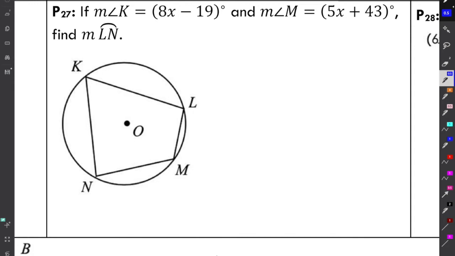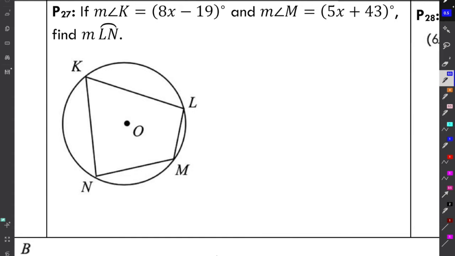Let's find that. So what we have to remember, we have this quadrilateral here. It is an inscribed quadrilateral is what we call it. And if we look at our cheat sheet, it tells us some stuff about inscribed quadrilaterals.